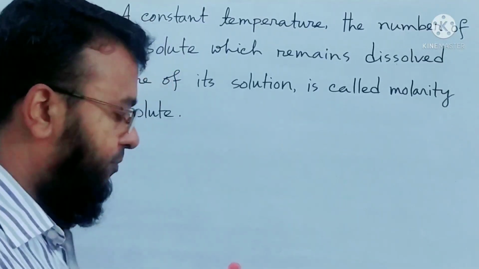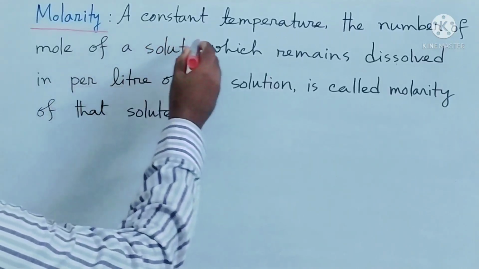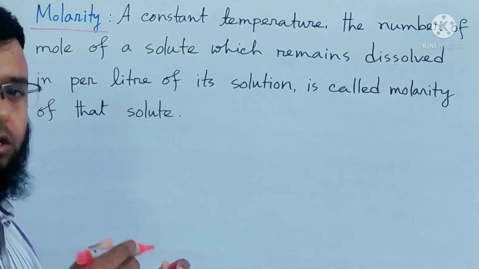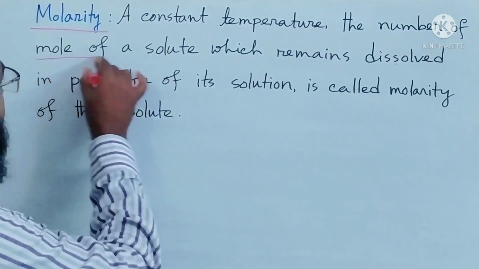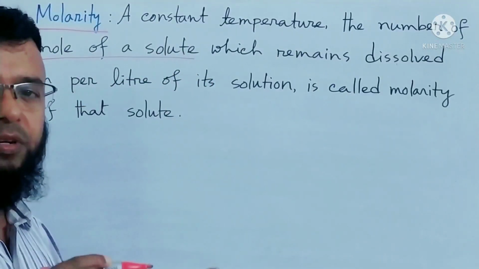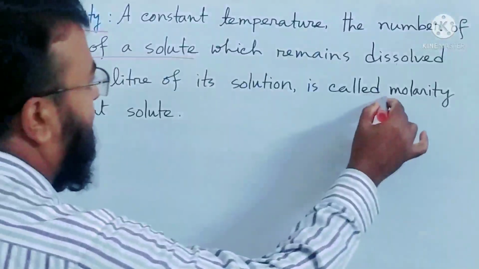Okay, now molarity. I have written what is molarity. At a fixed or constant temperature, the number of moles of solute which is dissolved in 1 liter of solution is called the molarity of that solute.